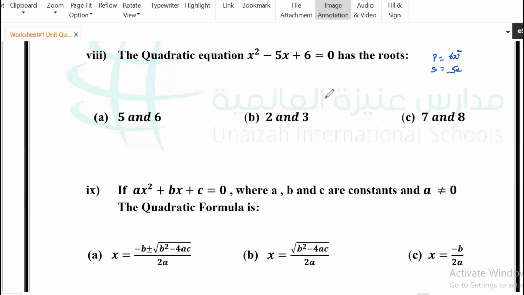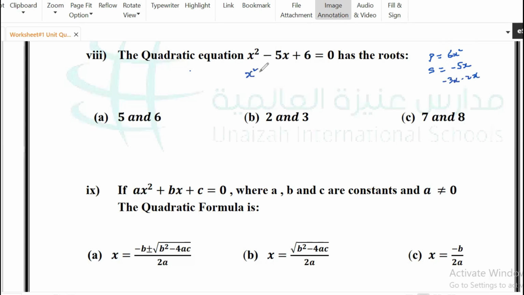It means we have the factors of 6, which are 6 and 1, 2 and 3. 2 threes are 6, and 6x square, and the sum value is minus 5x. So 3 and 2 will work because when we add, it must be minus 5, and when we multiply, it becomes 6. So minus 3x minus 2x will work here.